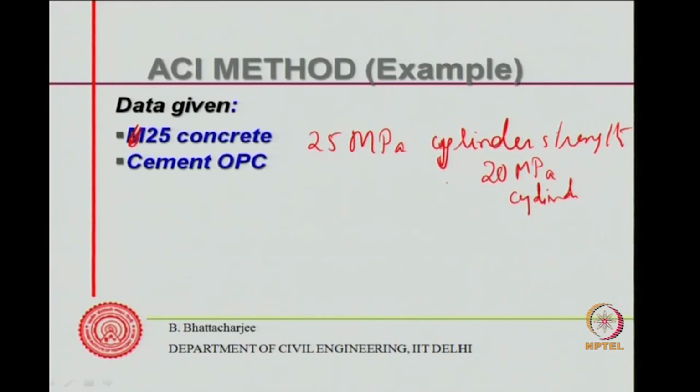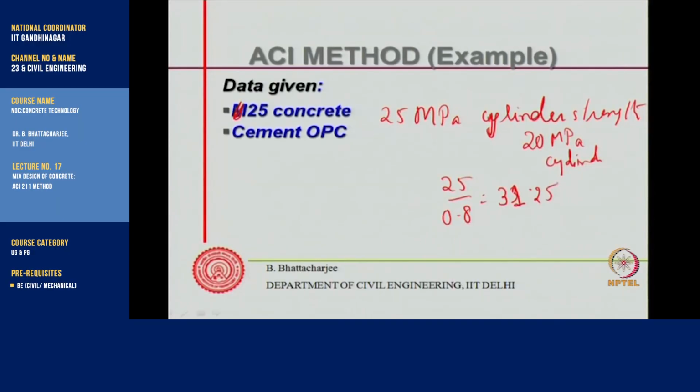So, with 25 MPa cylinder strength, the corresponding cube strength would be 25 divided by 0.8, which is 31.25.